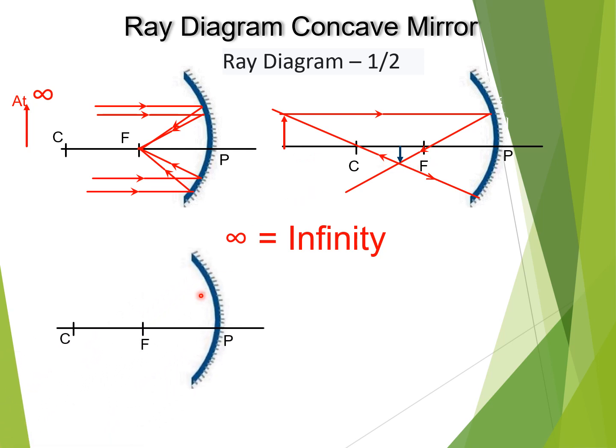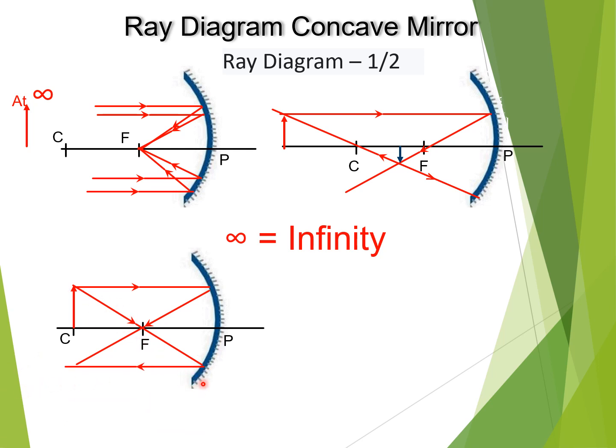The third condition, if the object is placed at center of curvature, one ray of course is parallel to the main axis. After reflection, it shall pass through the focus point. Second, again, if the incident ray passes through focus, then it will become parallel to the main axis.